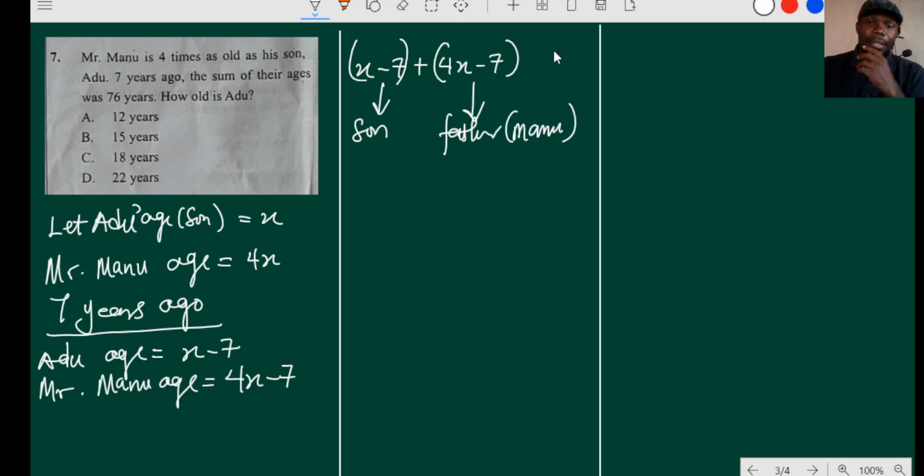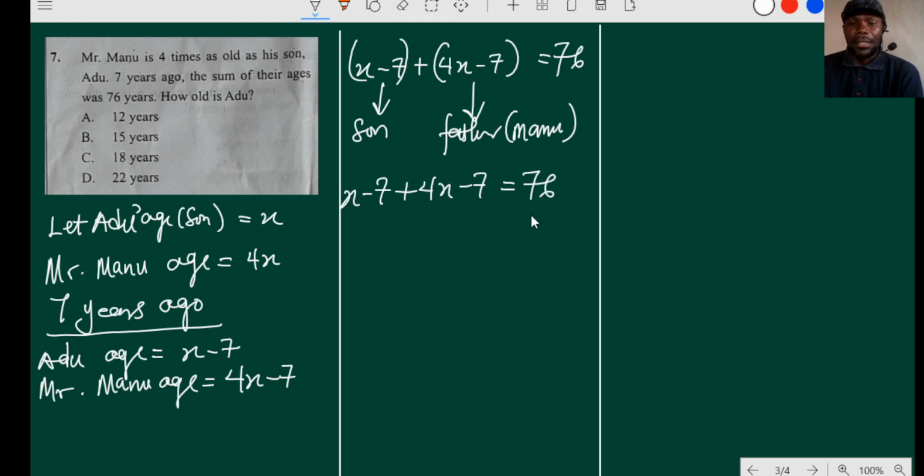They said the sum is what? 76. The sum of their ages is 76. So it now forms an equation: x minus 7 plus 4x minus 7 is equal to 76.